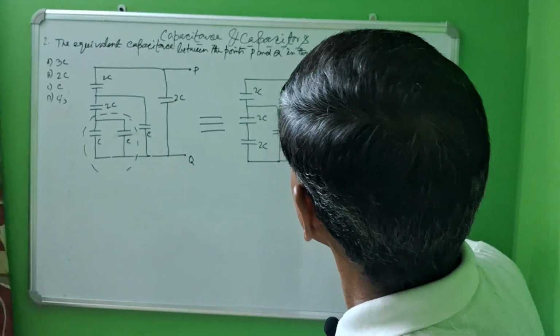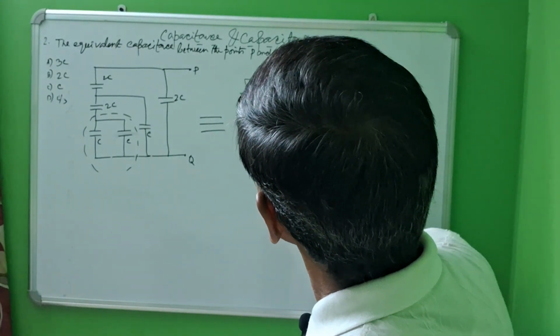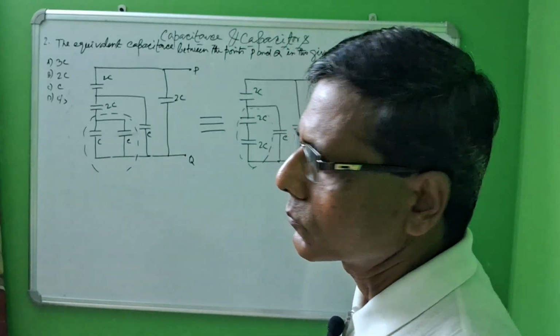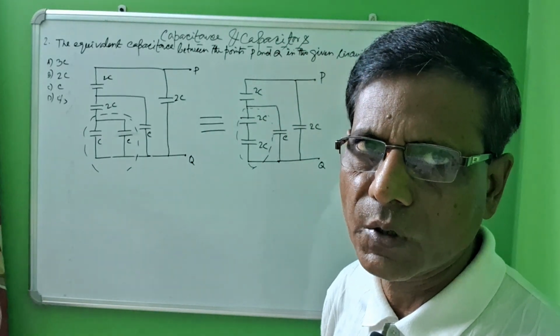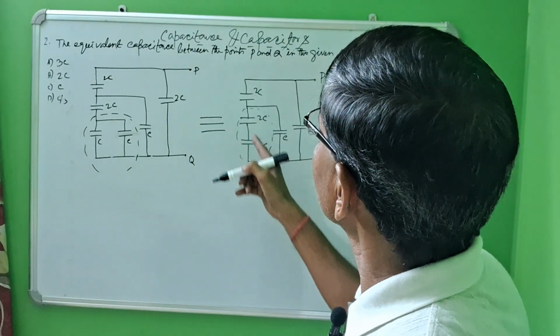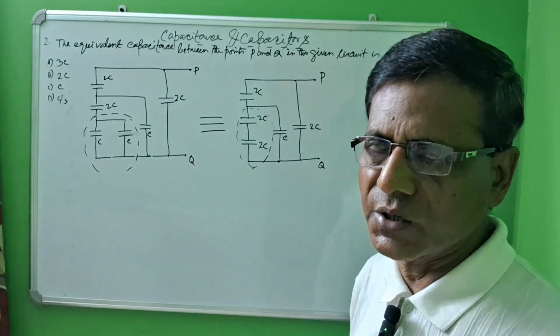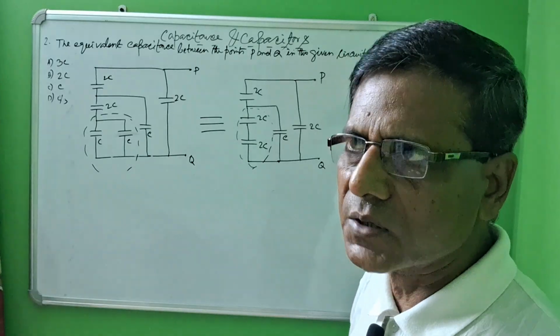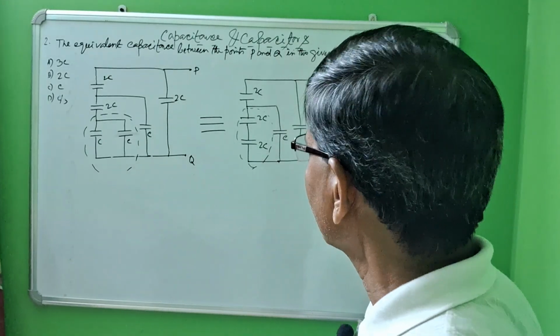Now we take this portion for consideration because these two capacitances are in series connection. So the resultant will be the reverse of resistance connection.